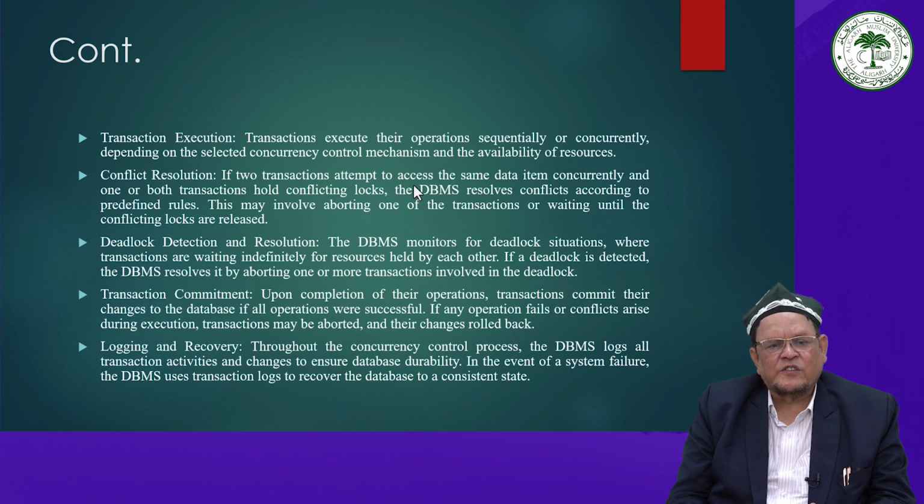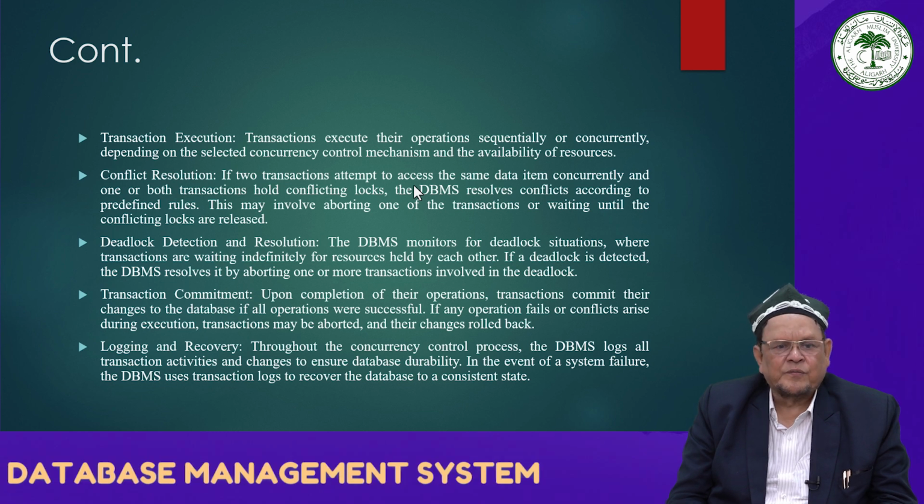Transactions execute their operations sequentially or concurrently depending on the selected concurrency control mechanism and the availability of resources. Conflict resolution: if two transactions attempt to access the same data item concurrently and one or both hold conflicting locks, the database management system resolves the conflict according to predefined rules.